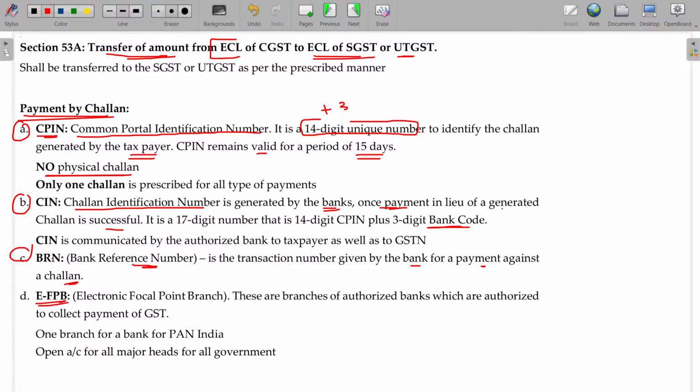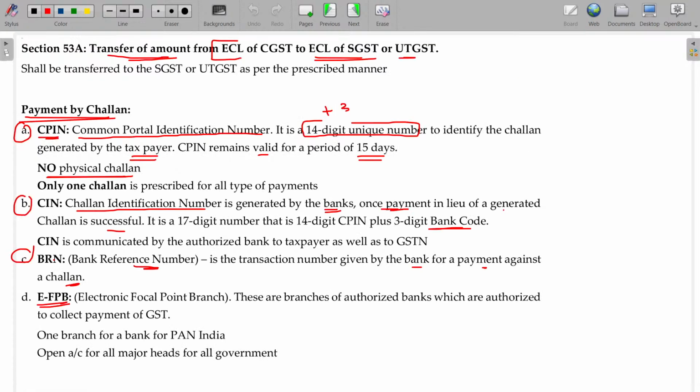And EFPB, the electronic focal point branch. Every bank should have at least one branch exclusively for GST transactions, called the EFPB. These are the branches authorized to collect payment of GST. That's their duty: one branch for a bank, pan India.